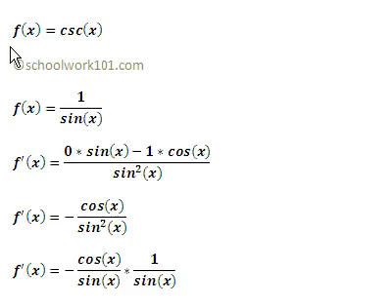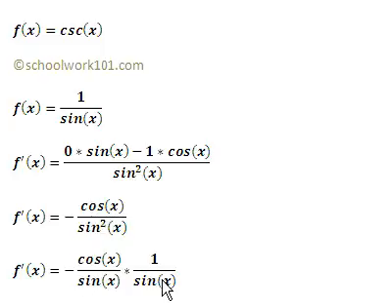Okay, now we're going to look at cosecant x. So f of x is equal to cosecant x, and of course I rewrite this one, and this is equal to 1 over sine x, and just like in the previous problem, we use the quotient rule, taking the derivative of the top times the bottom minus the top times the derivative of the bottom, all over the bottom squared, and then we clean that up, and we get negative cosine x over sine squared x.